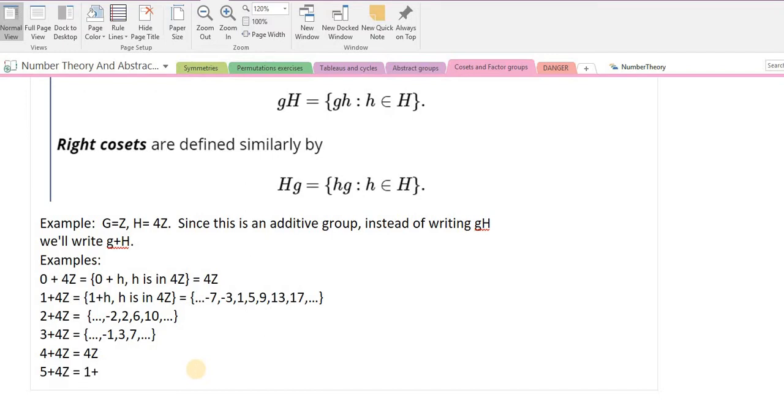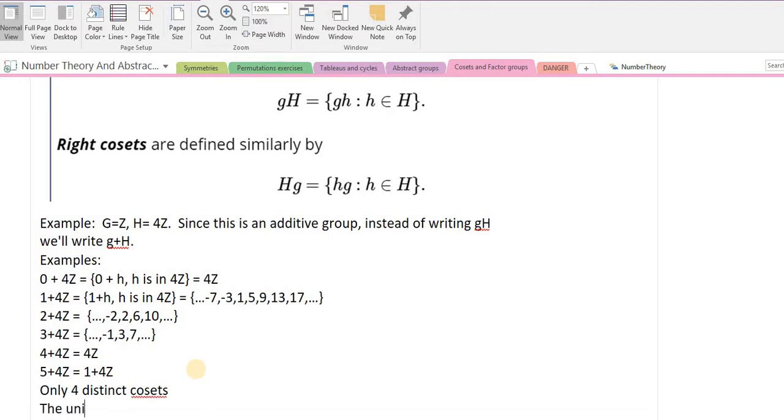All right. So what you're discovering is that there's actually only 4 distinct cosets. If you take the union of 0 plus 4z all the way up to 3 plus 4z, you get the set of integers. So that's right.